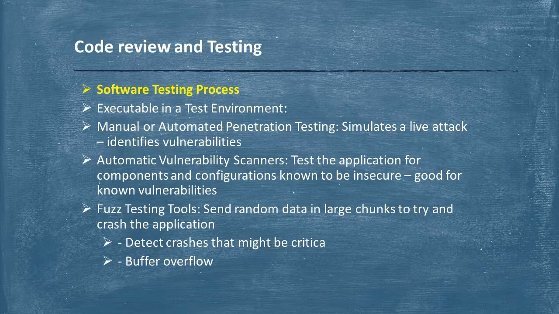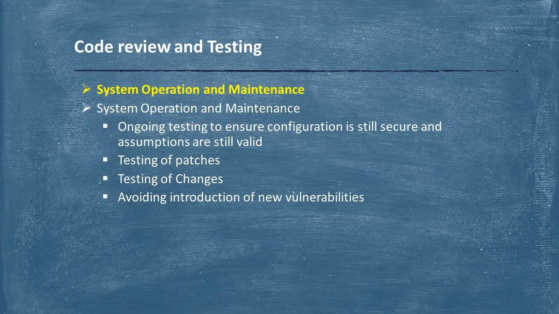Another testing tool is the fuzz testing tool. It sends random data in large chunks to try to crash the application. These are different types of testing. Fuzz testing will detect buffer overflow problems and crashes that might be critical. Then there is ongoing testing to ensure configuration is still secure and assumptions are still valid.